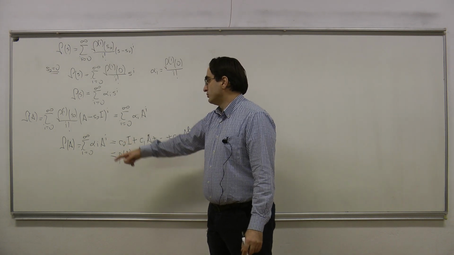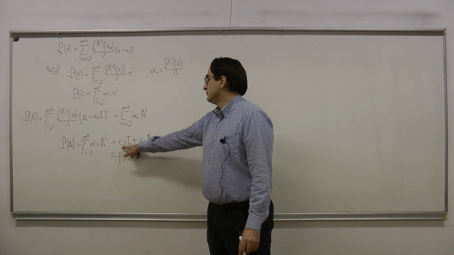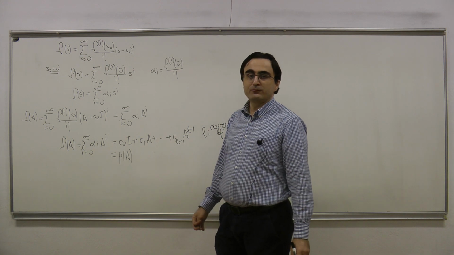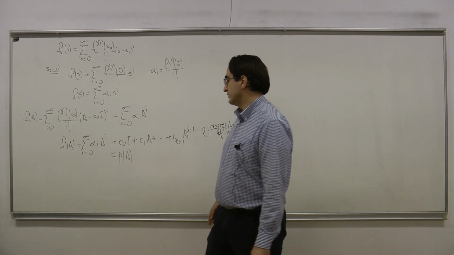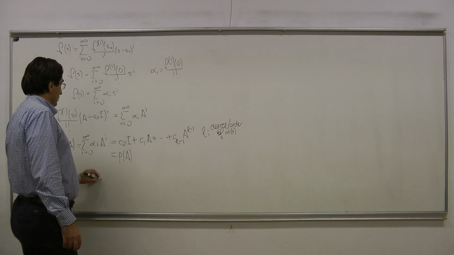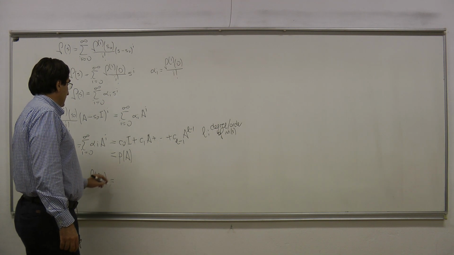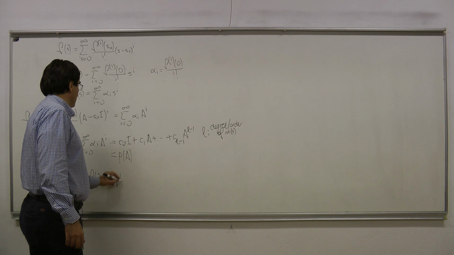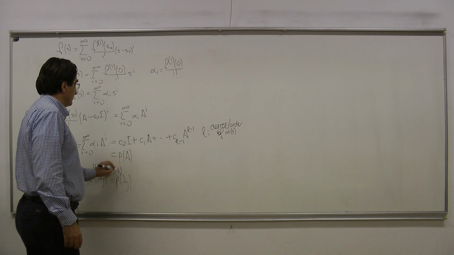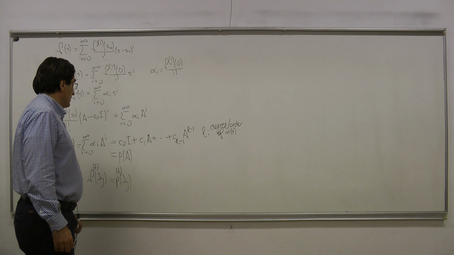So remember, in order to find f of A, we were finding these unknown coefficients, and these are coming from the interpolating equations. The interpolating equations are in this form: the t-th order derivative of f at lambda j equals the t-th order derivative of p at lambda j.